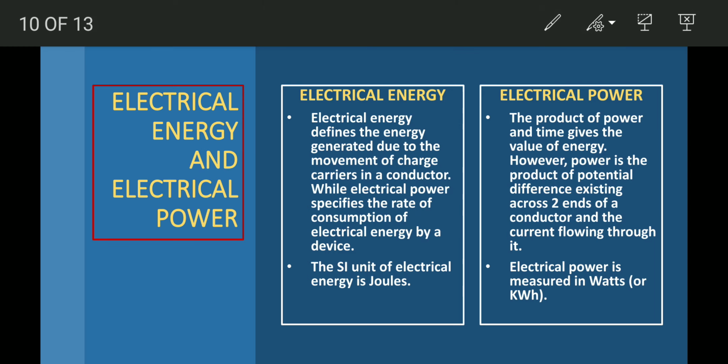Please ignore the kilowatt hour written here, this is incorrect. Kilowatt hour is the commercial unit of electrical energy. So this has been written here by mistake.